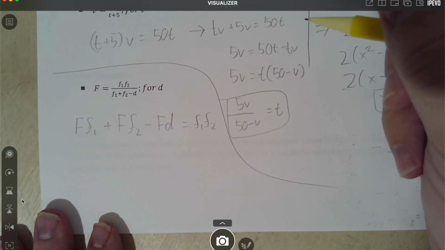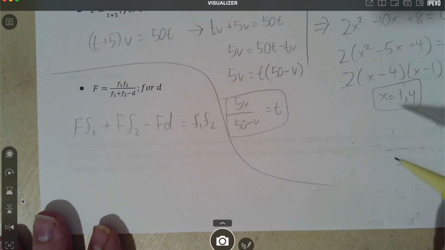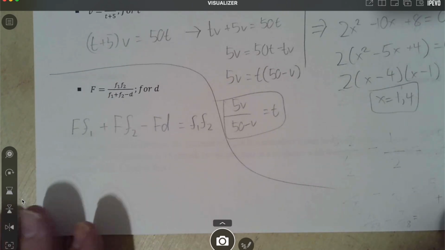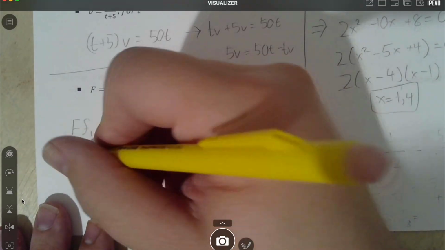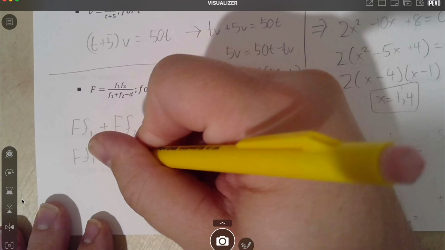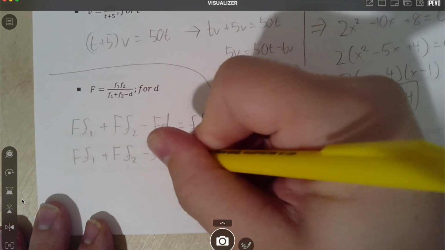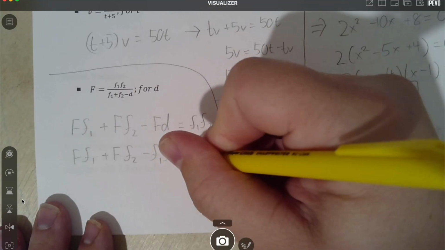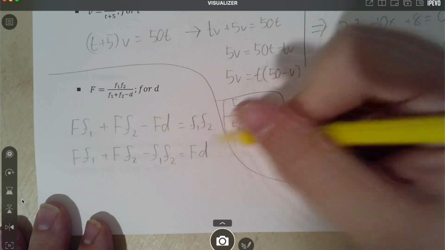All right. Well, like we said, the next step is to move all the terms that only have the d to one side and move everything else to the other side. Now in this case, because it's like 2 against 1, the way I'm seeing it is I'd rather keep these two on this side and just subtract over little f1, little f2, and add over capital F lowercase d.